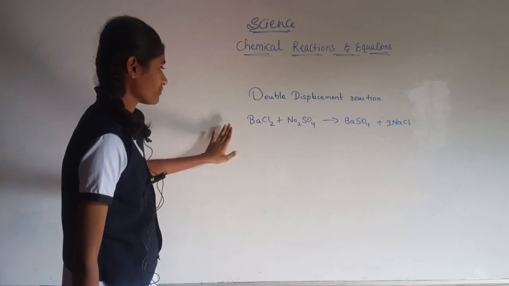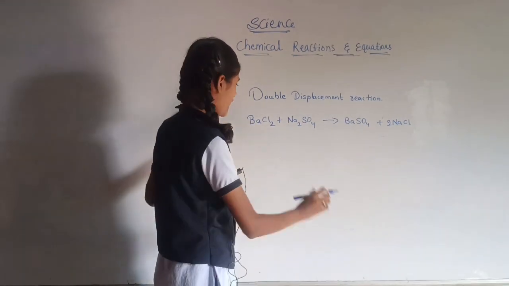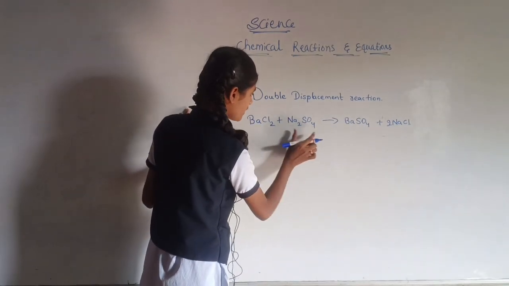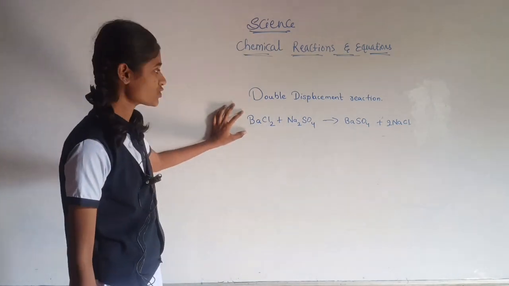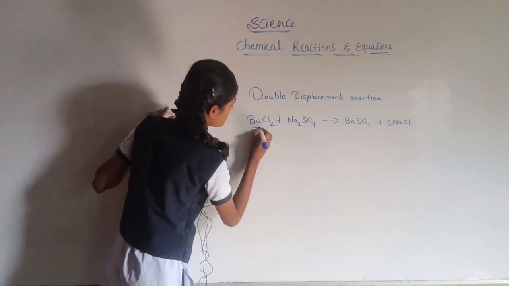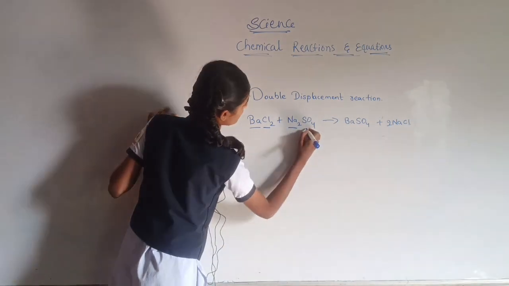As I said, these are two different ions, as ions are combinations of metals and non-metals: barium, which is a metal, chlorine non-metal, sodium metal, sulfate non-metal.